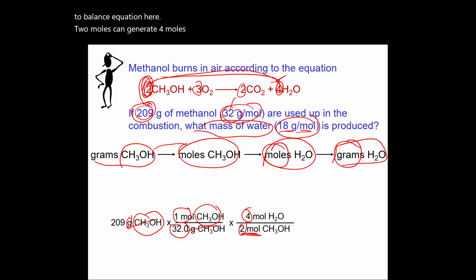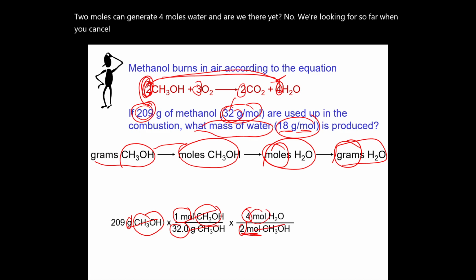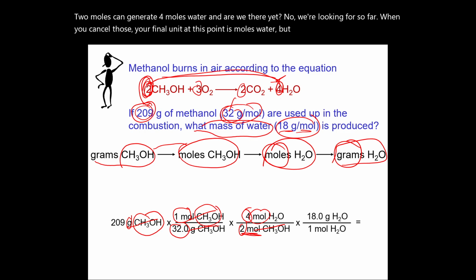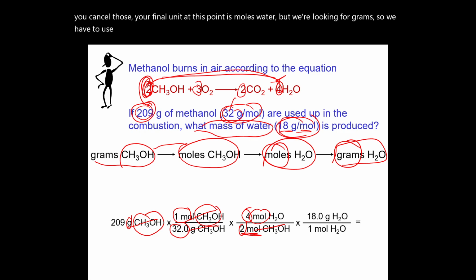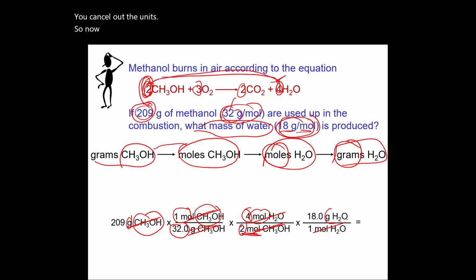And are we there yet? No. So far, when you cancel those, your final unit at this point is moles water, but we're looking for grams, so we have to use the molar mass of water to convert moles water to grams water. And now you cancel out the units, and so now you got grams water, your final unit.